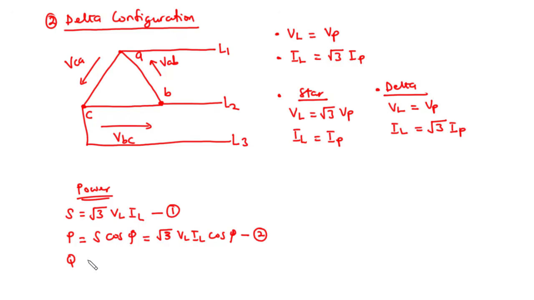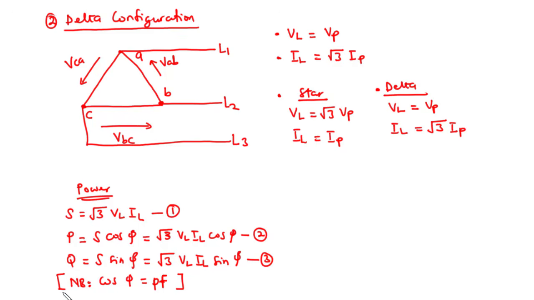And the reactive power is given as S sin phi, and that's also equal to √3 times VL times IL times sine of angle phi. Notice that cos phi is equal to the power factor.